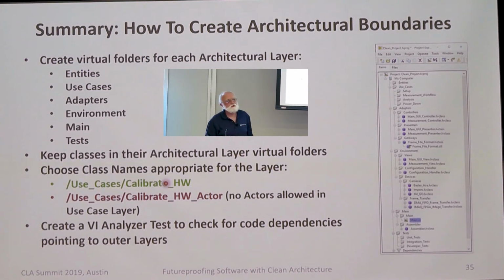How do you create architectural boundaries? Very easy. If you run your code from the LabVIEW IDE or create a single executable, these boundaries do not have a physical manifestation. What you do instead is organize your project.